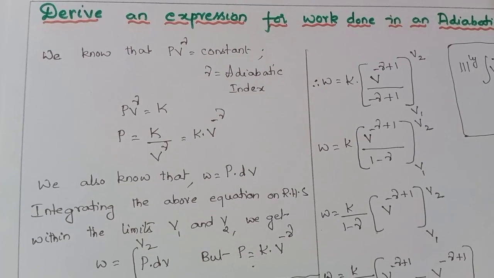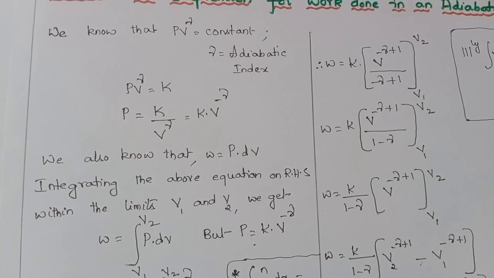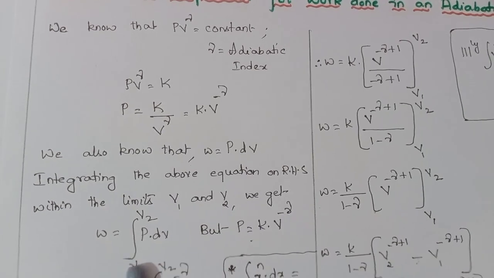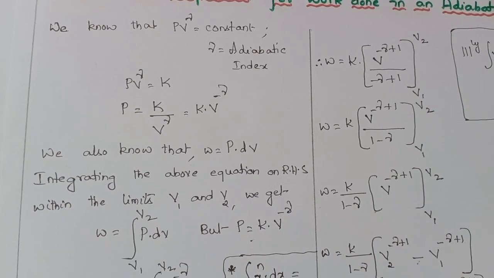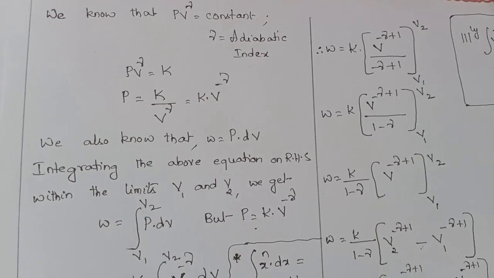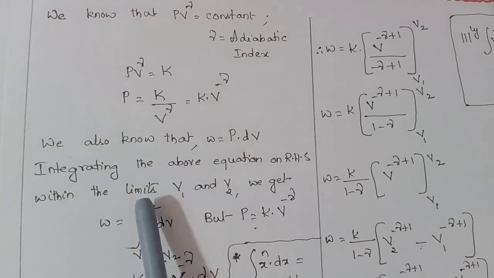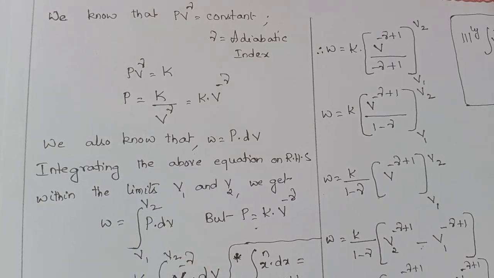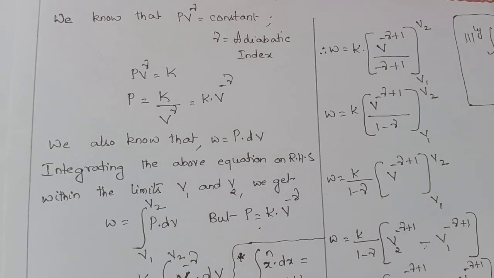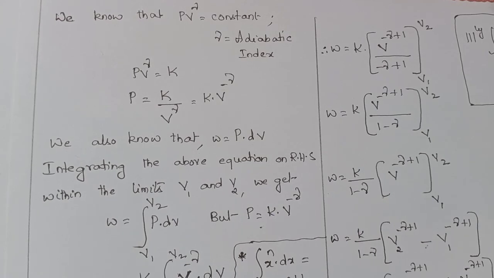So look here, W is equal to the integral of P into dV within the limits V1 to V2. Write it down.